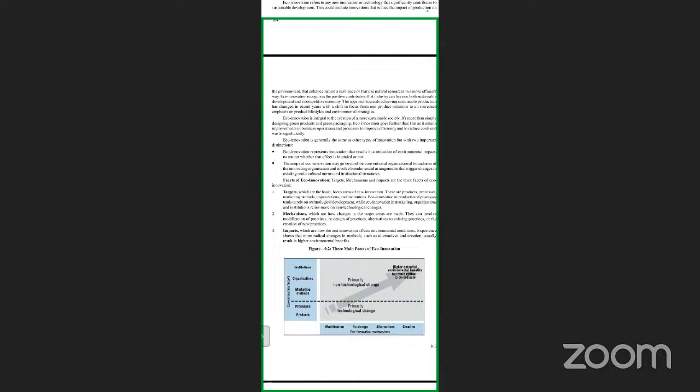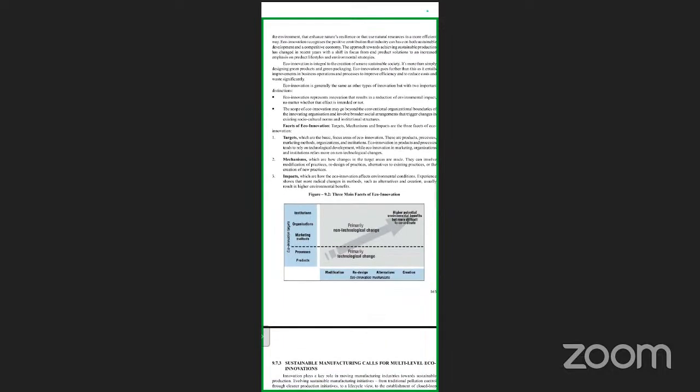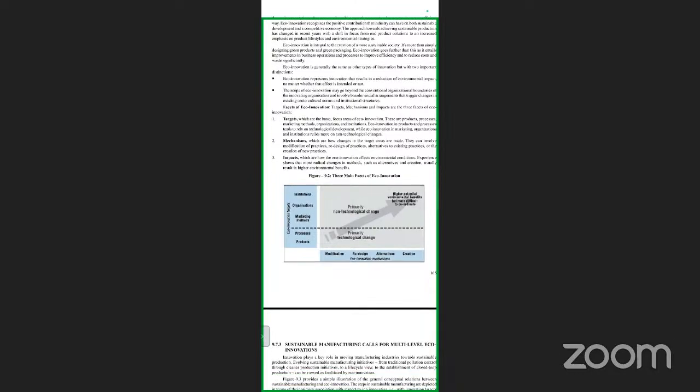And on the factors of eco innovation, we have targets, mechanisms, and impacts. If you look at this pictorial representation, it has three main facets of eco innovation. The eco innovation targets are institutions, organizations, and marketing methods, which involve primarily non-technological change and have higher potential environmental benefits but are more difficult to coordinate.